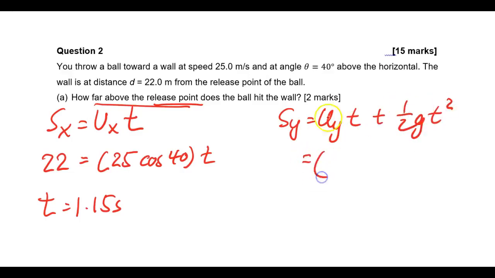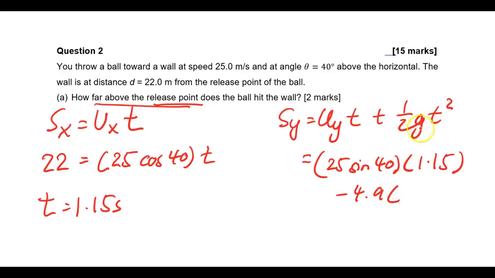Given that Uy is 25 sine of 40, and time here is 1.15 seconds. Okay, so the time of flight, and at the back here is minus 4.9 t squared. G is negative 9.8. Don't forget to square. I have an answer of 12.0 meter above here, the release point.